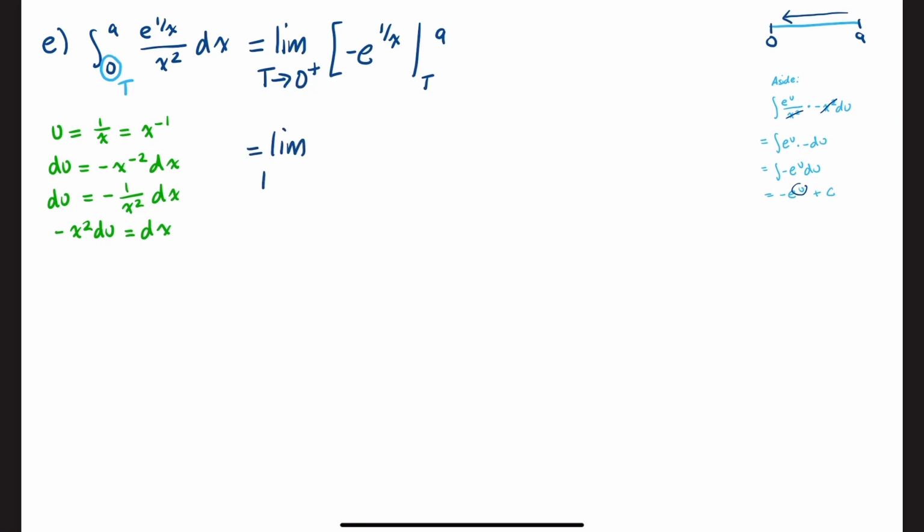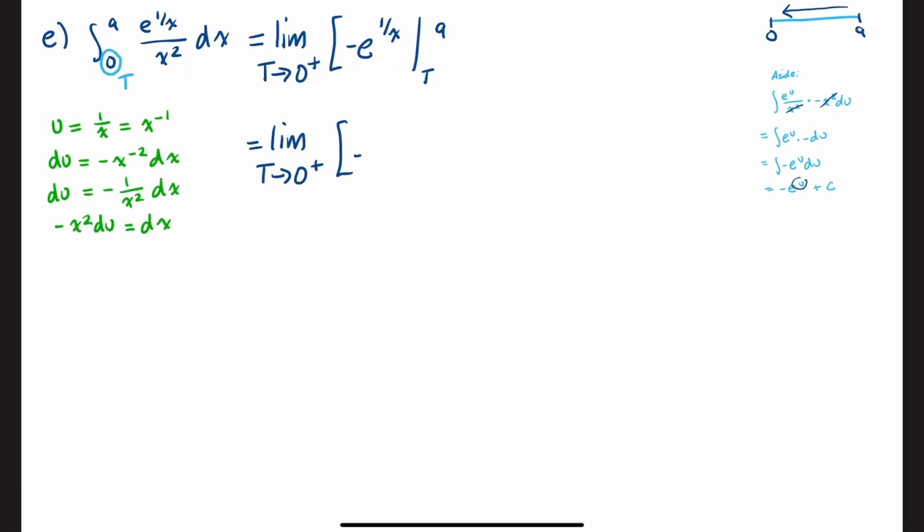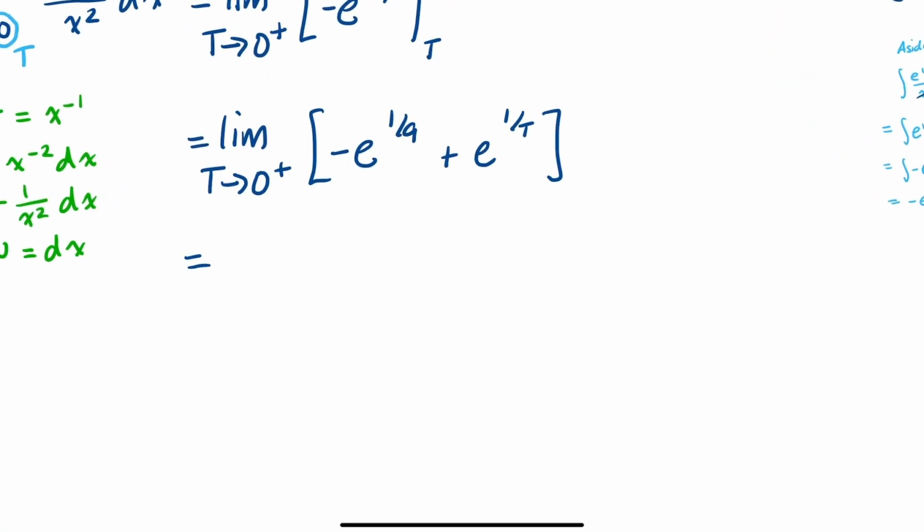And so we're going to get the limit as t approaches 0 from the right of negative e to the 1 over 9 minus, which I'll just change to a positive, e to the 1 over t. And so we can now go ahead and directly substitute in t equals 0 and see what happens.